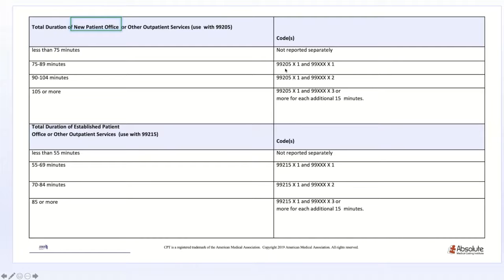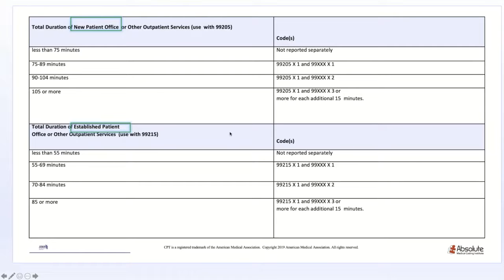You use it with 99205 and 99XXX once. When the time is 90 to 104 minutes, you use it with code 99205, and 99XXX will be used twice. 105 minutes or more, 99205 one time, and 99XXX times 3 or more for each additional 15 minutes.